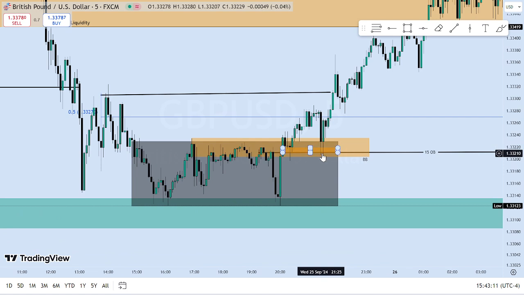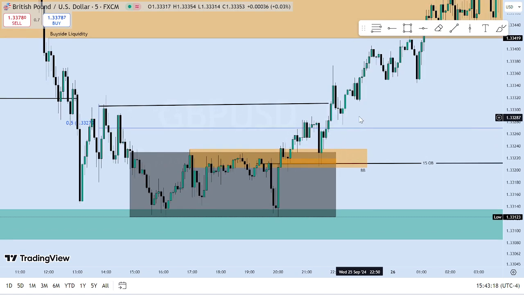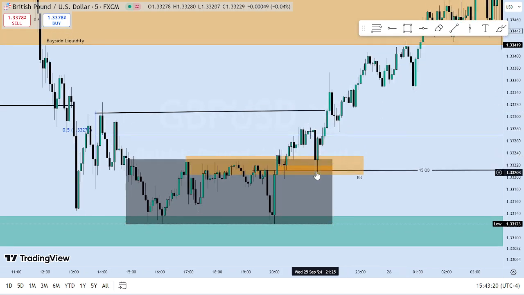Assuming you entered here now, when this candle closes here in the live chart, you understand? Yeah, you entered here, and your target is here at the draw on liquidity, the buy side resting above.